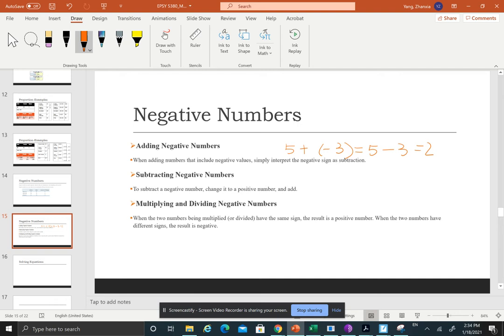Subtracting negative numbers is similar. However, when we subtract, we would change it to a positive number and then add.